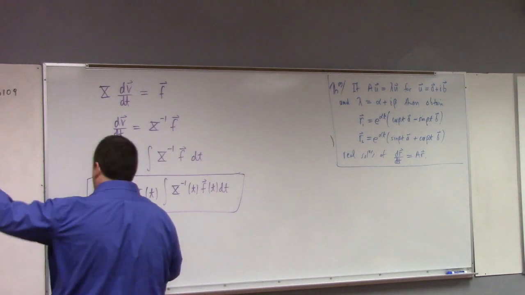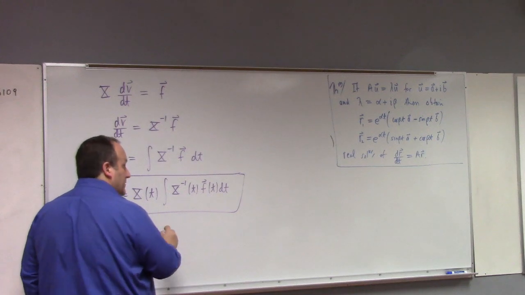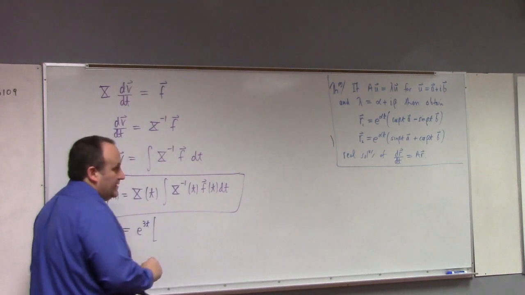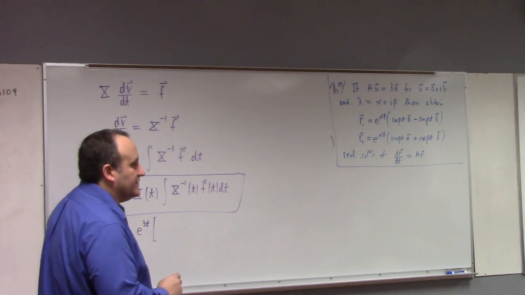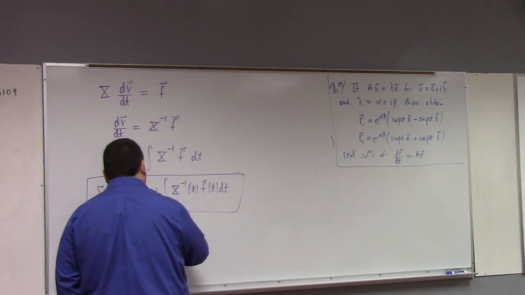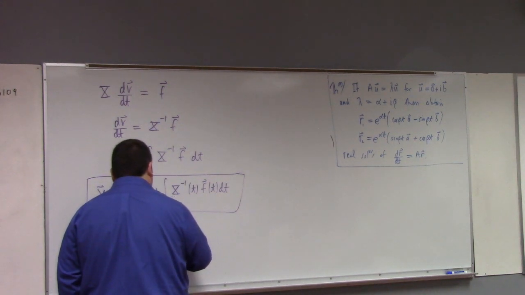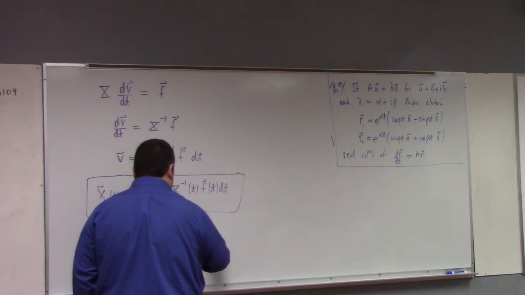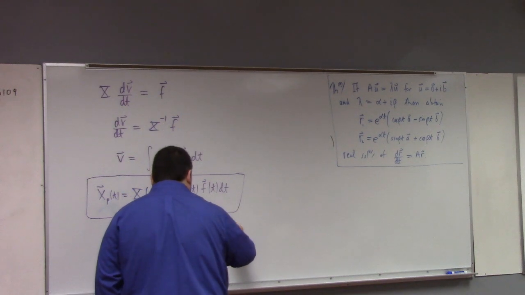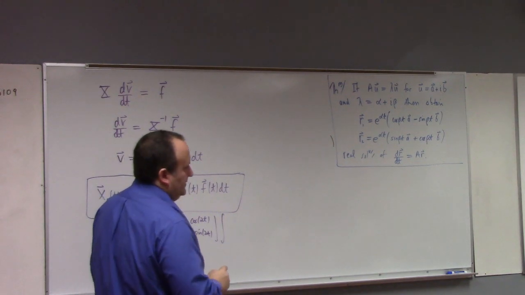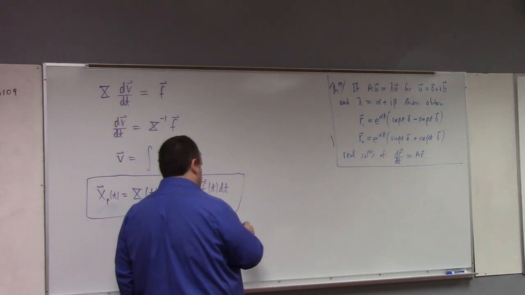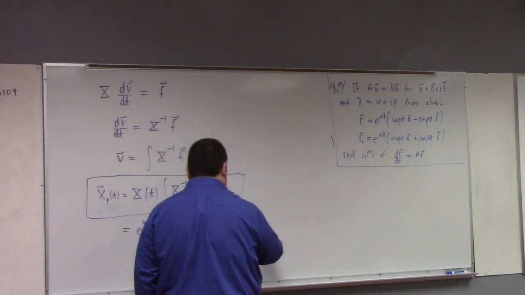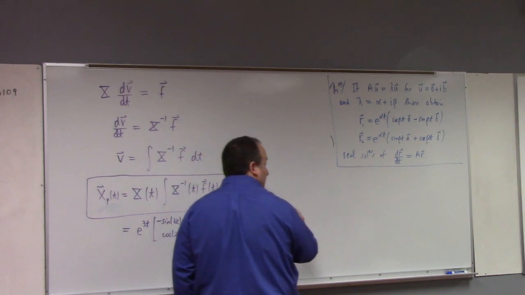For this particular example, it would be e to the 3t times my matrix: minus sine 2t, cosine 2t, cosine 2t, sine 2t. And I have to integrate X inverse, so that's 1 over e to the 3t times the matrix: minus sine 2t, cosine 2t.